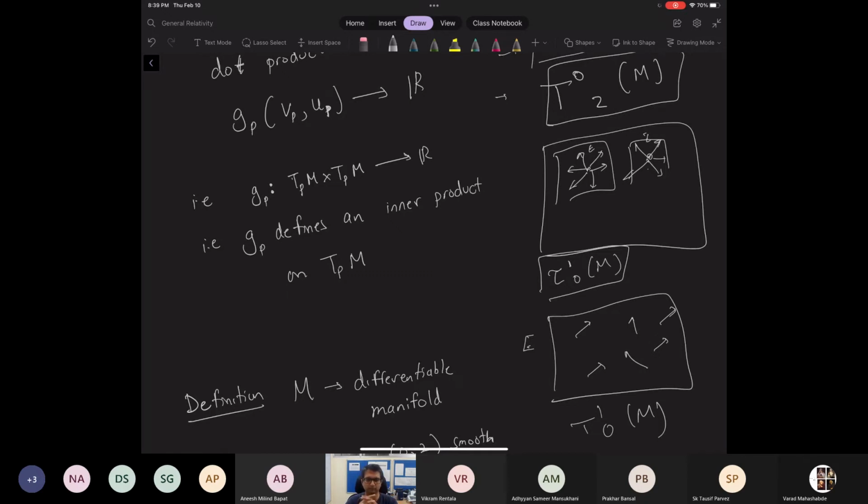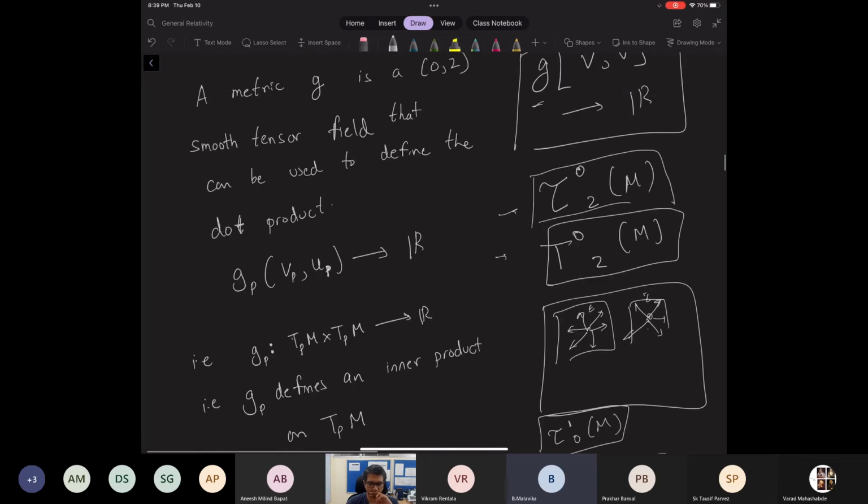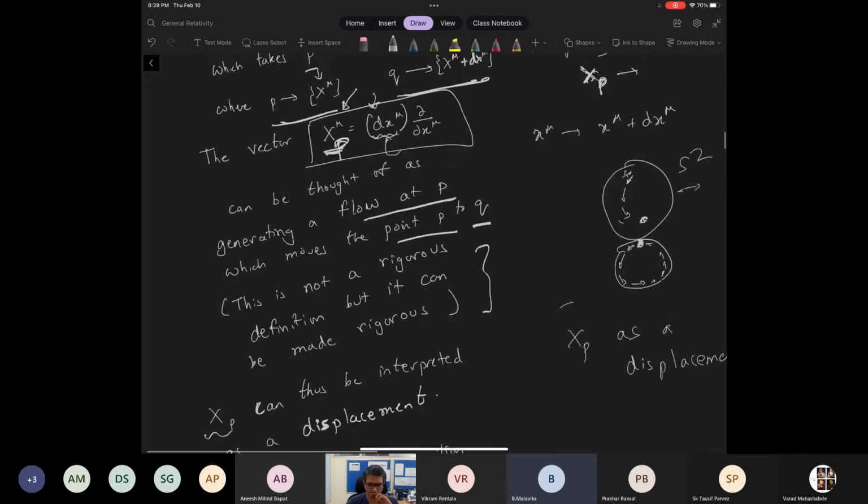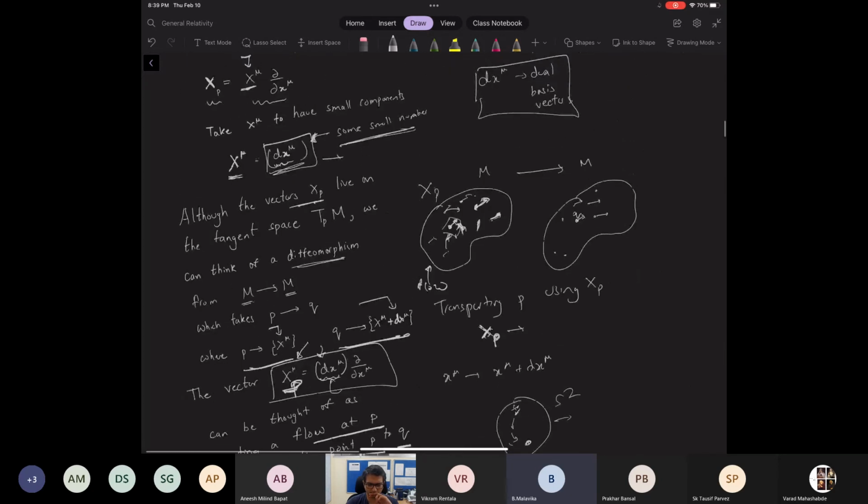Yeah, Malvika? I have a small doubt. When you define a flow from P to Q, P and Q are points that belong to the same patch, right? Yes. I assume that the transformation was small enough that it's guaranteed there will be another point in the same patch.